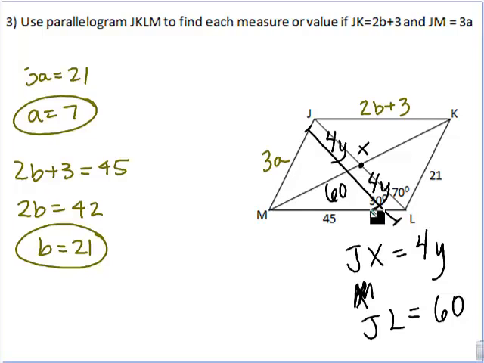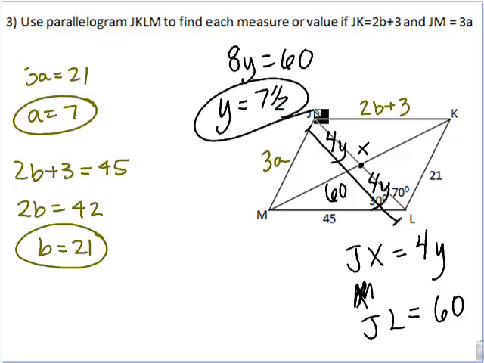So now what equation can we create? 8y equals 60. So then what is our y? Yep, 7.5. Is that okay? Does that make sense?